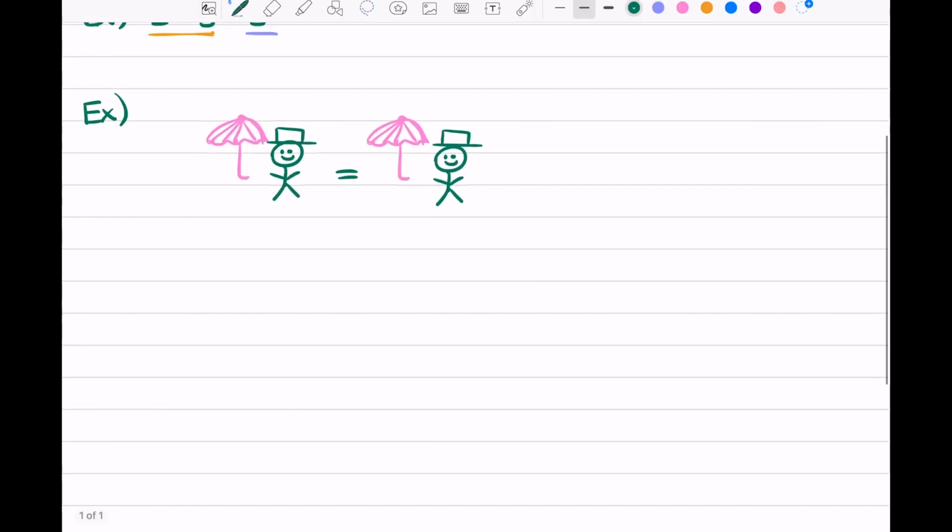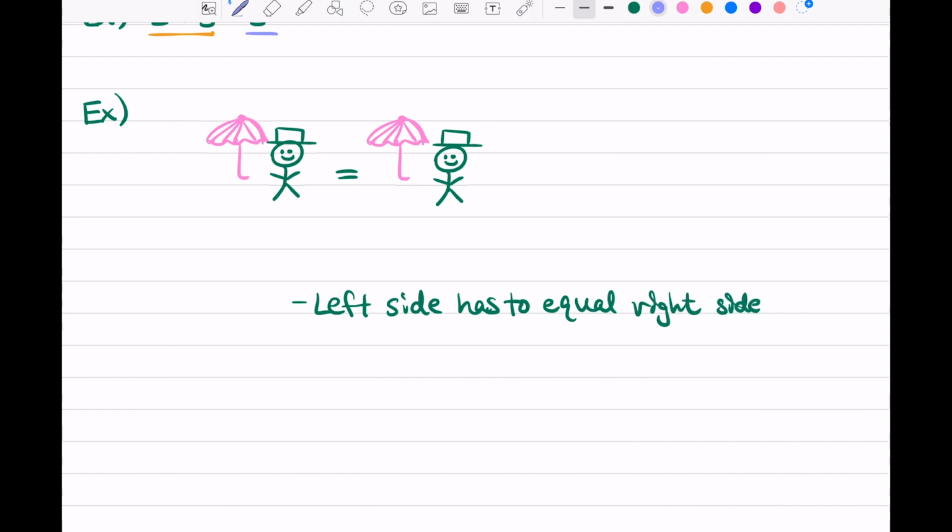For an equation to work, you need the left side to be equal to the right. In other words, the same thing is on both sides.